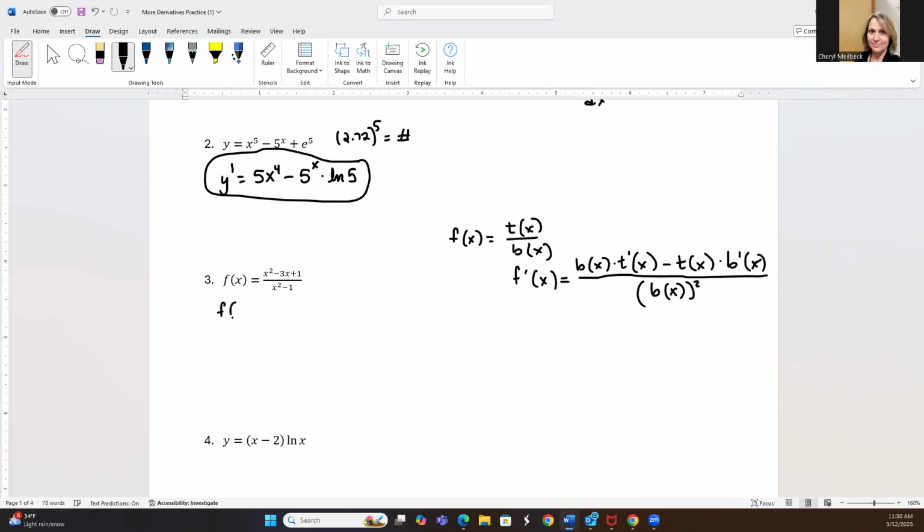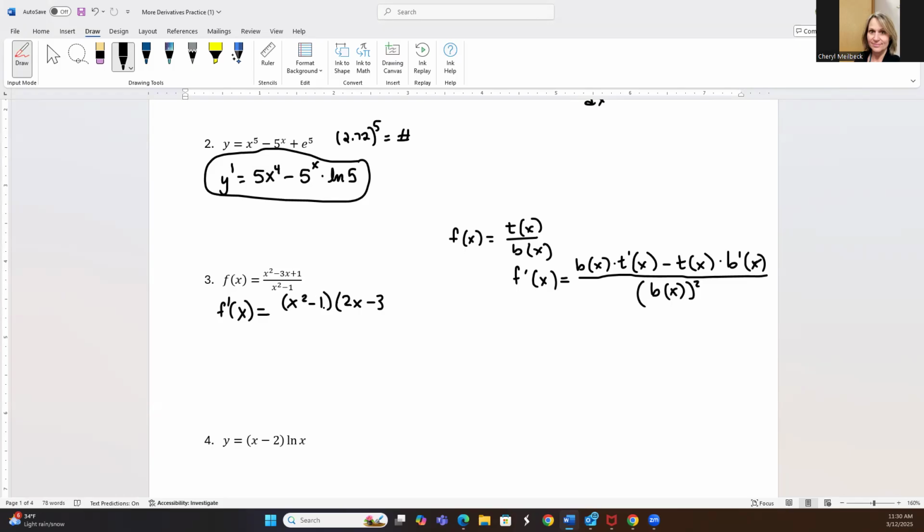So as we do that in problem 3, we'll call that f prime of x. We'd write the bottom function, x squared minus 1, times the derivative of the top function, which we will take individually by parts. So our derivative of x squared is 2x. The derivative of minus 3x is just going to be minus 3.